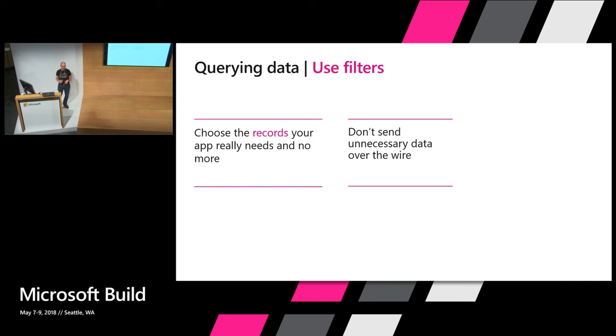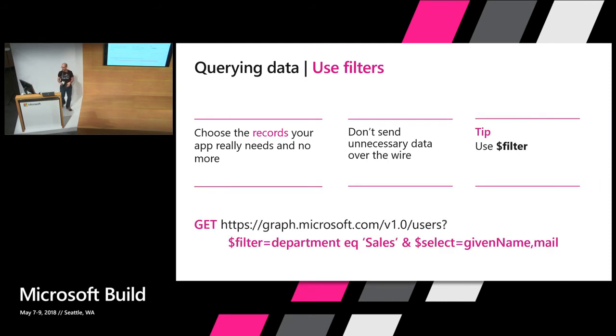The next one we have is using filters. Last time we looked at the columns. Here we're getting the records, or the rows in the table, that really are all my application needs and no more. So again, don't send unnecessary data. Here we're going to use $filter, in combination with $select.